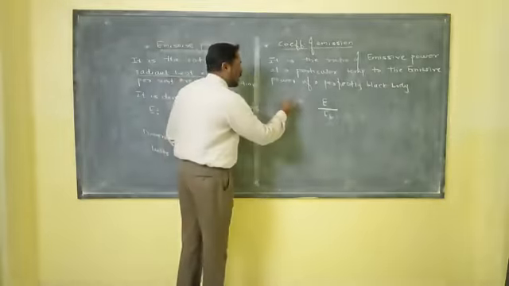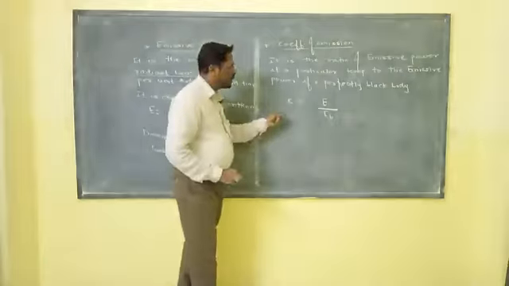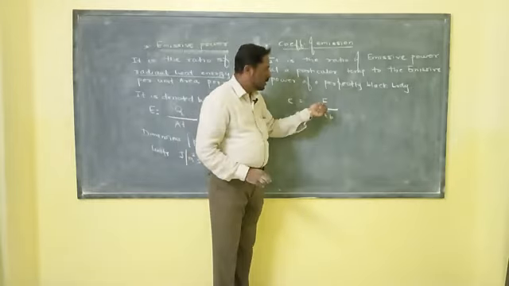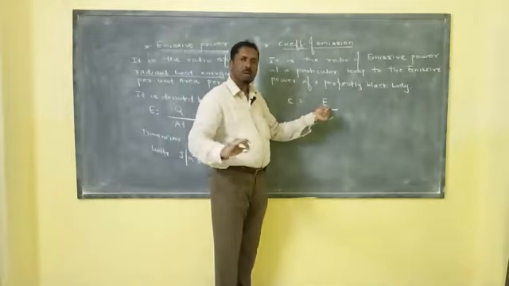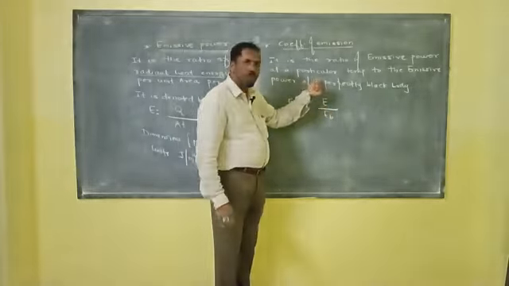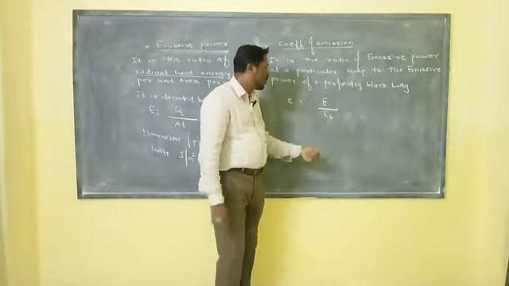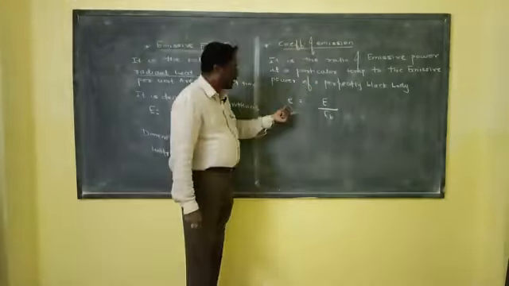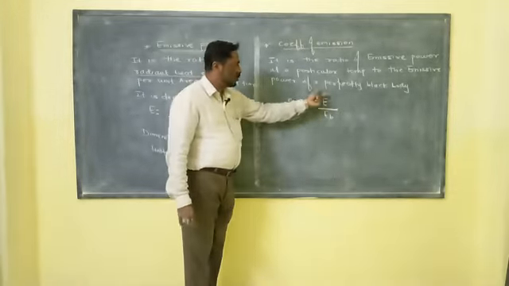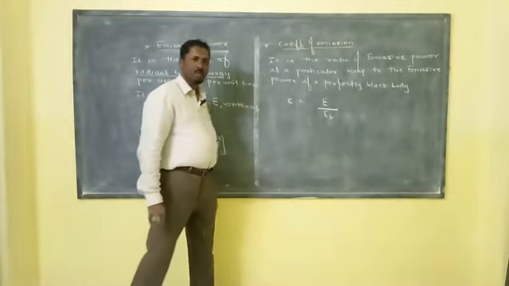It is denoted by the factor e, so we can write e is equal to E by EB.